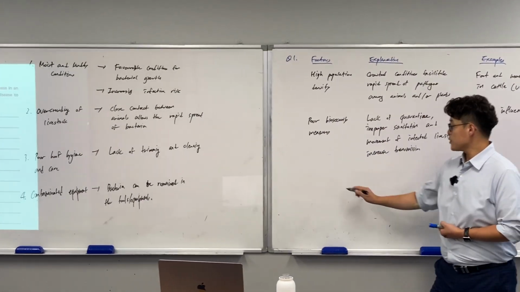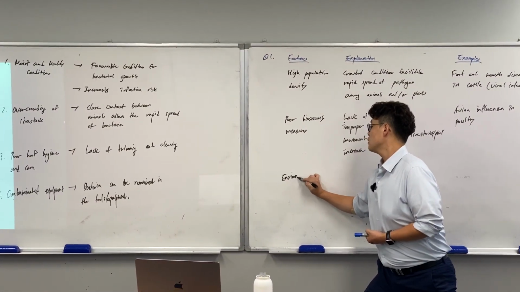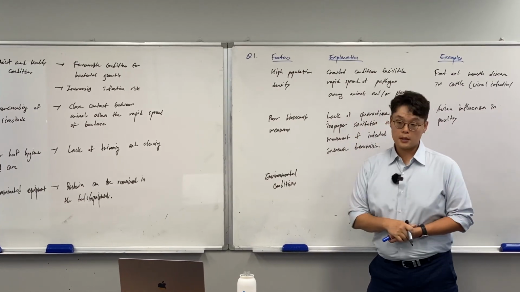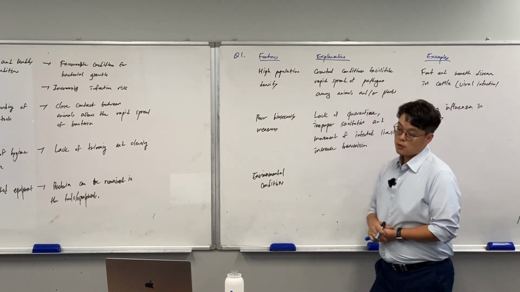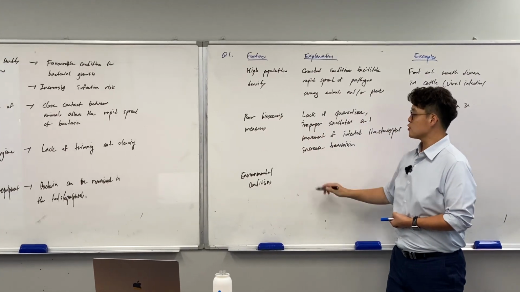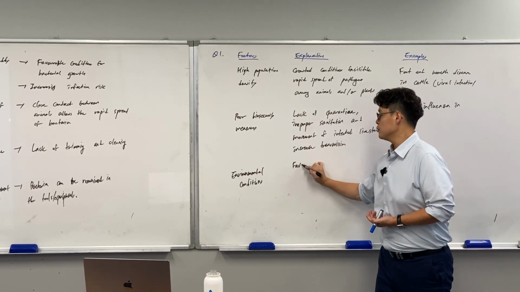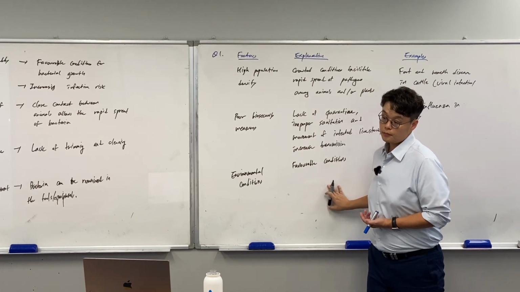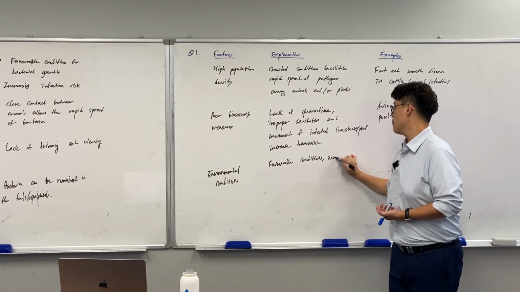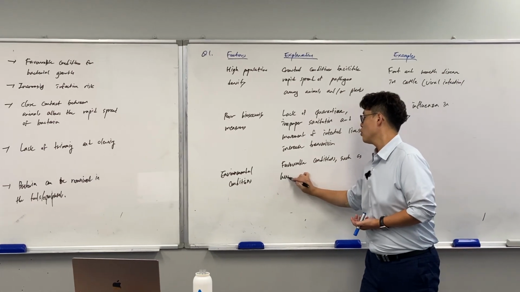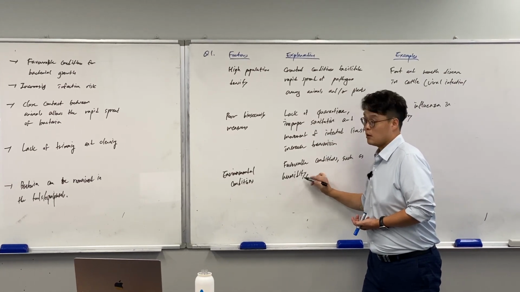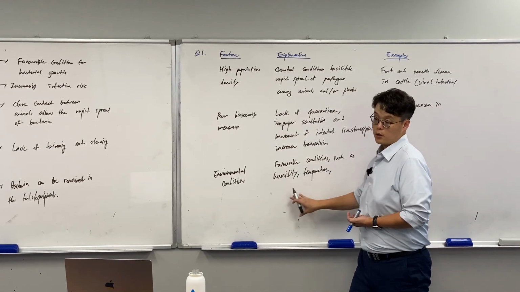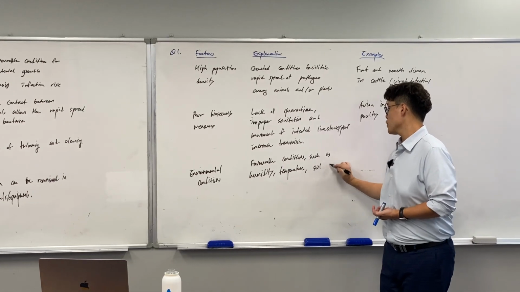What else? We could have possible environmental conditions too. So what about the environmentals? As I said about the moist and muddy conditions, some conditions are favorable, such as humidity, temperature, and also soil quality.